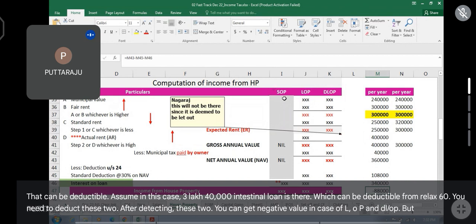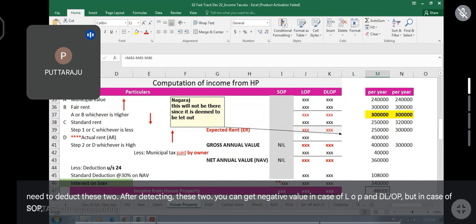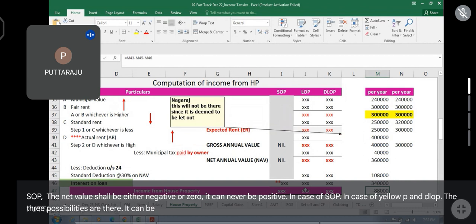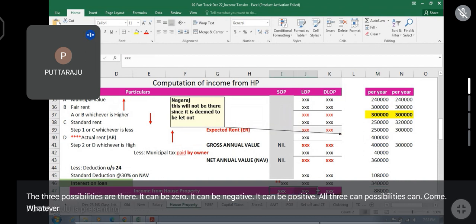But in case of SOP, the net value shall be either negative or zero. It can never be positive in case of SOP. In case of LOP and DLOP, three possibilities are there. It can be zero, it can be negative, it can be positive. All three possibilities can come. Whatever the net result is, this is income from house property.